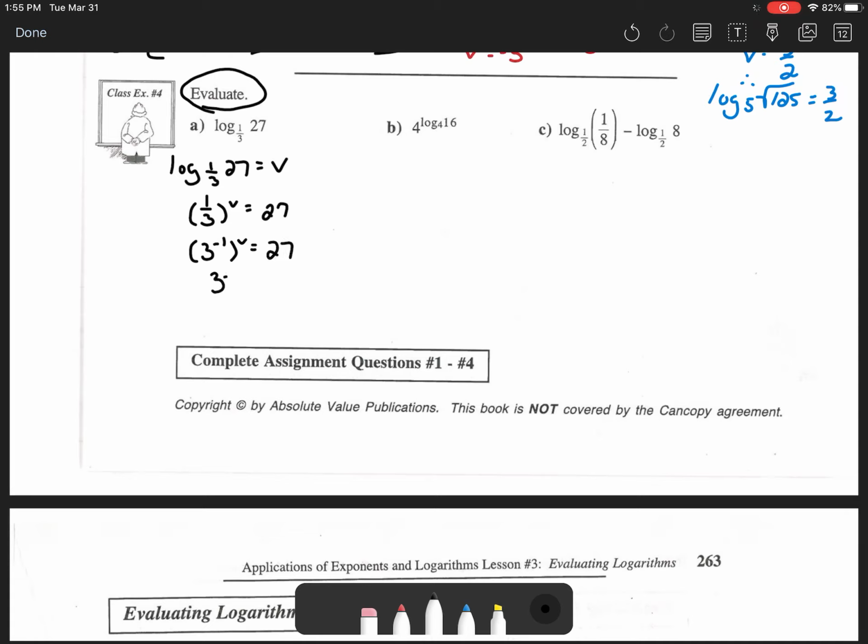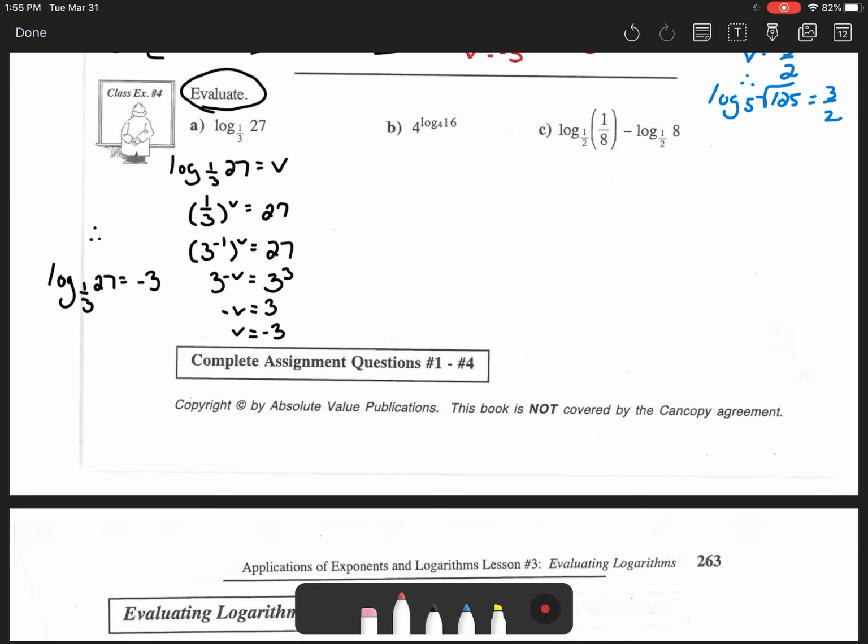So this will now be 3 to the exponent of negative v, and now I'll write 27 as 3 cubed, right? Powers that have the same base. Equate the exponents. Negative v will be equal to 3, so v is equal to negative 3. Okay, so there's the value of that log. So again, after that, you can just now make your statement that log base 1 over 3 of 27 equals negative 3. Okay.